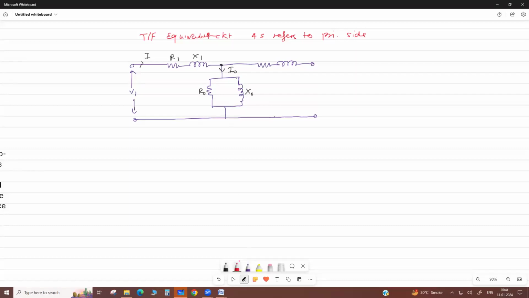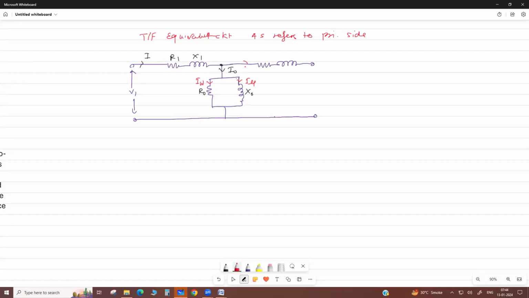Now this no-load current has two components. One is the active, or loss component, and a magnetizing component. It is responsible for magnetizing the core and producing the flux. So this is useful current, but this is a loss.